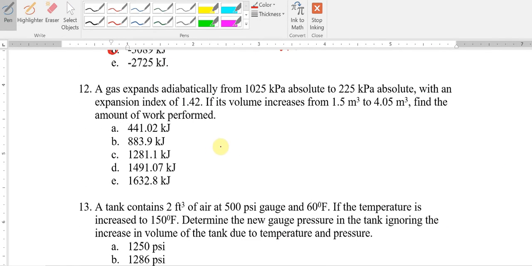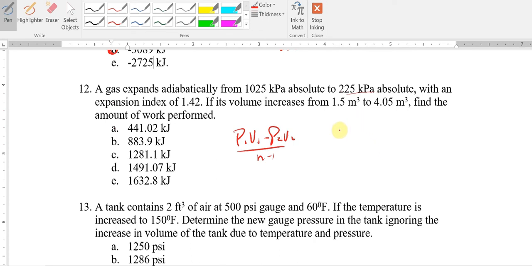A gas expands adiabatically. The adiabatic part doesn't matter, it just tells us that we can use P1 V1 minus P2 V2 over n minus 1. Because we've got absolutes in here, we're looking good. We don't have to do anything changing there.